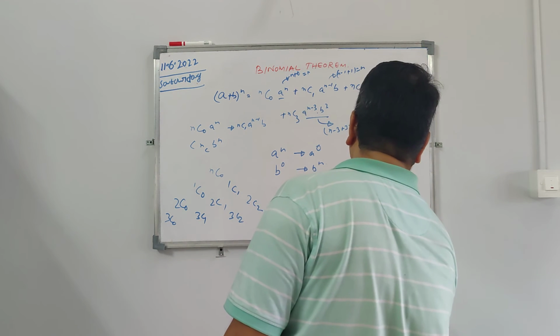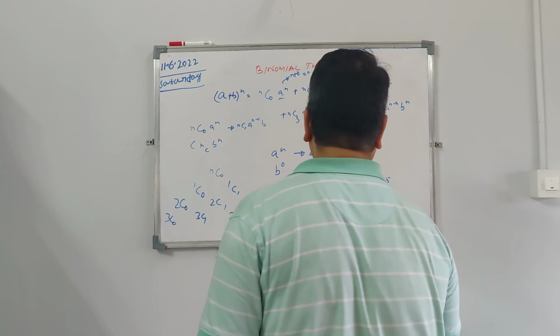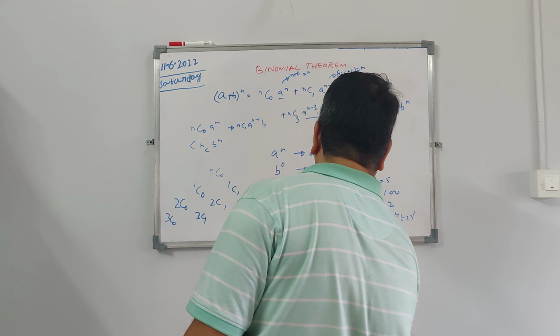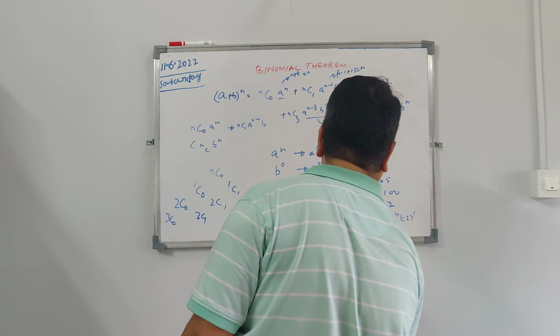Then 5C1, 100 to the power 4, minus 2 to the power 1. Then 5C2, 100 to the power 3, minus 2 to the power 2.